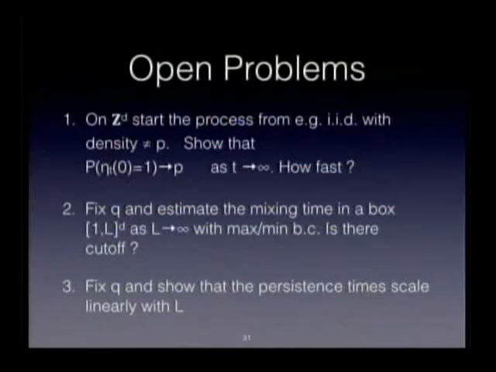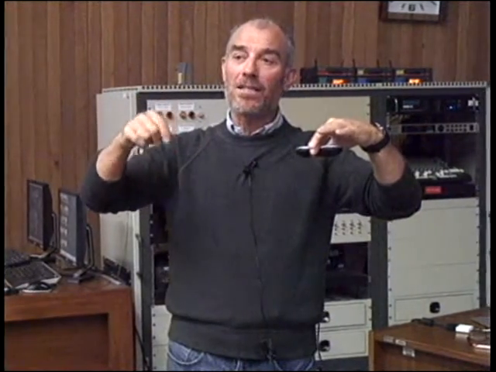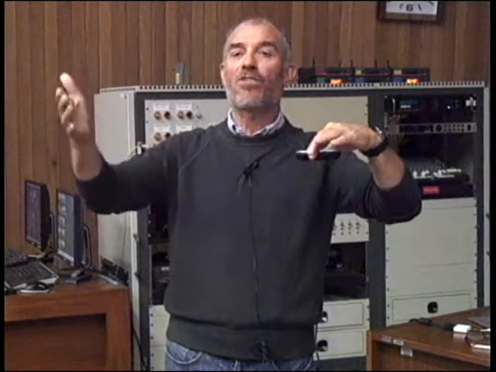So the first problem is the following: imagine that on the whole lattice you distribute your initial value for the process according to, for example, a product measure, but the probability of 1 in this starting measure is different from p, some other value, p prime. Okay, so it's a non-equilibrium value.